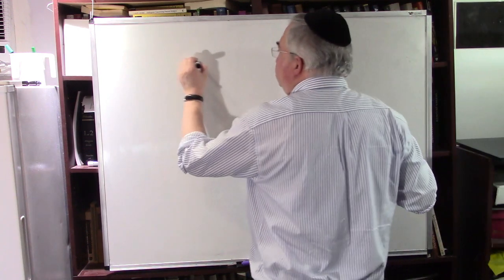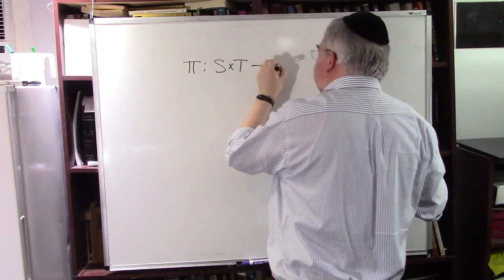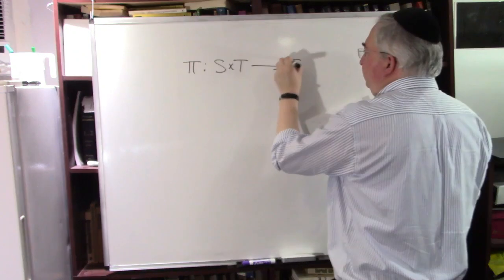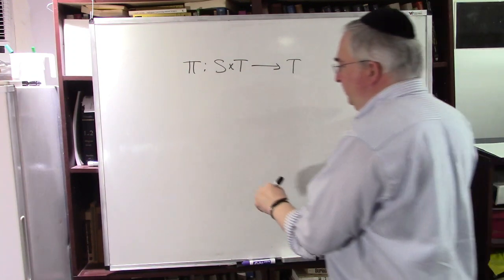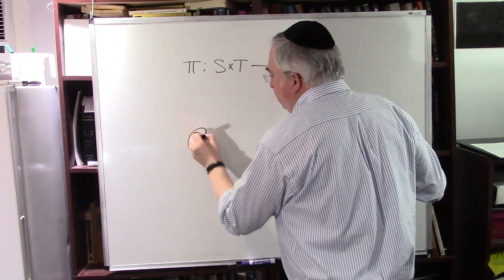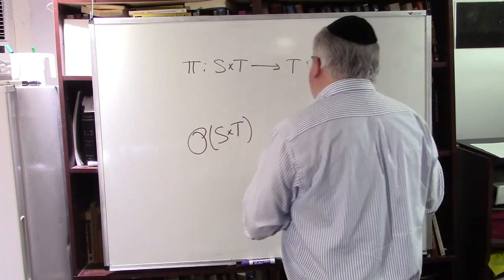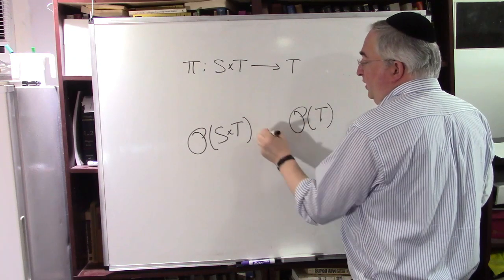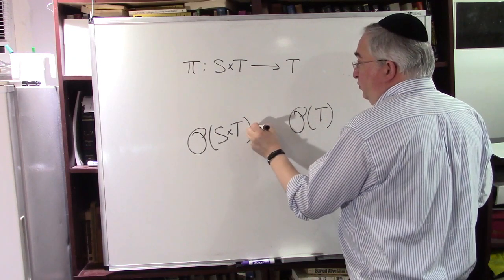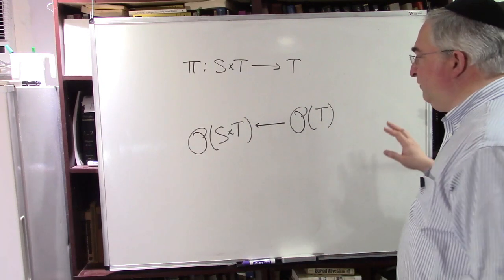We're interested in this, pi, which goes from S cross T to T. Okay, I'll show you why we're interested in this in a minute, but now let's do this. You have the power of S cross T. You have the power of T, and this goes the other way. So maybe I should have drawn it the other way. Okay, fine, it doesn't matter.